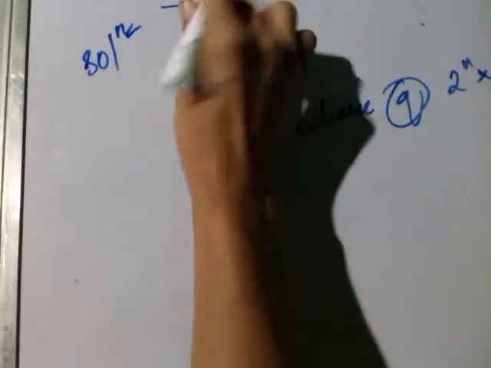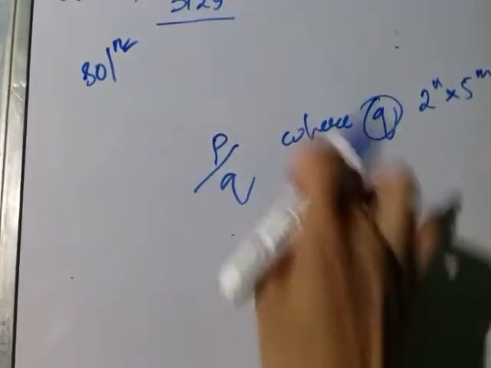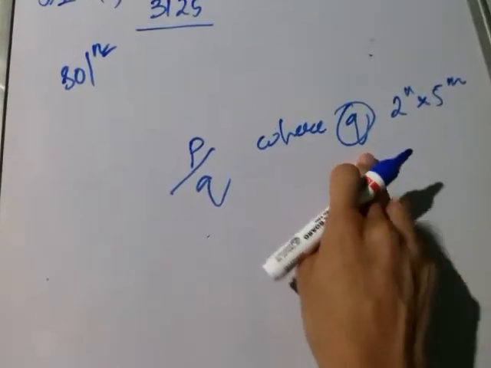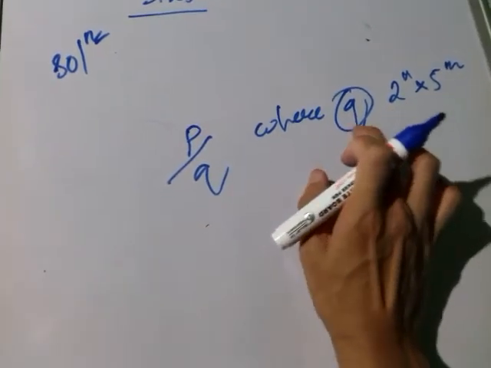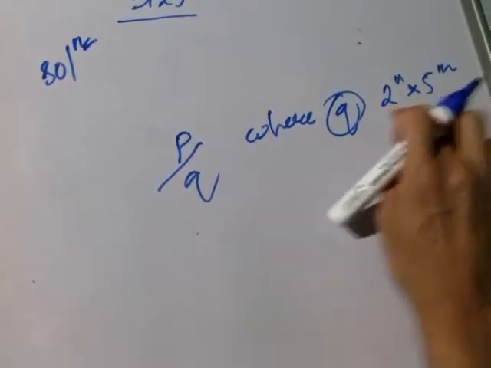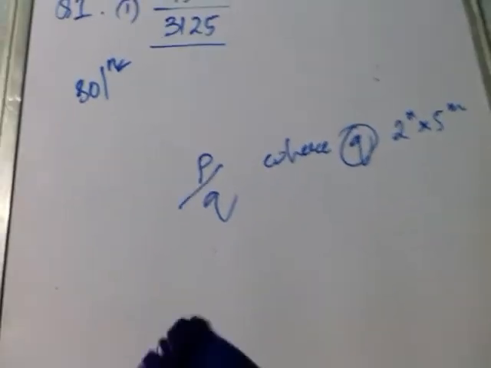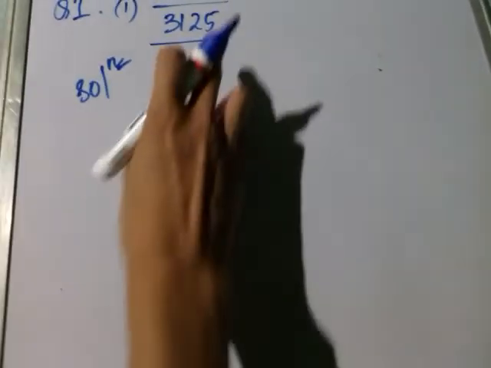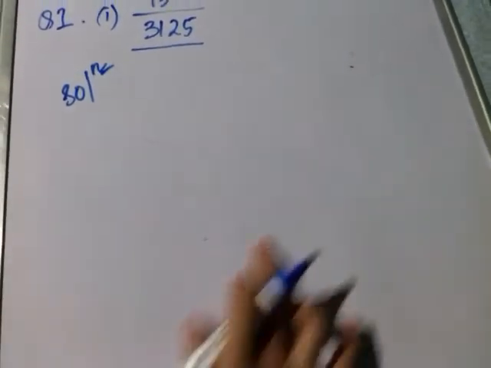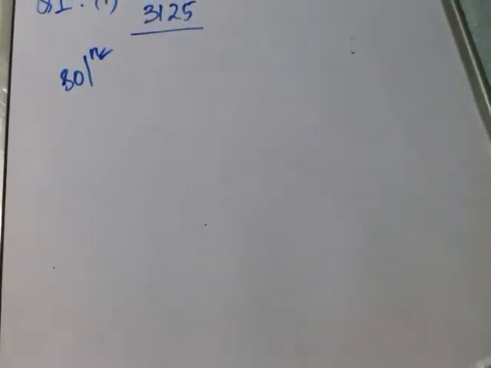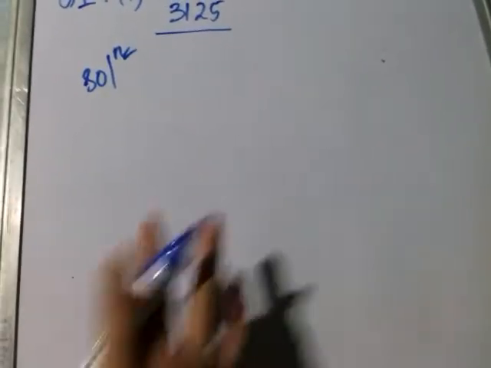Q is the denominator and p is 13, the numerator. So you will find the denominator in the form of 2 to the power n into 5 to the power m. First you will take the prime factorization. You have already studied in class 5 and 6 how to take out prime factorization, so recall it.